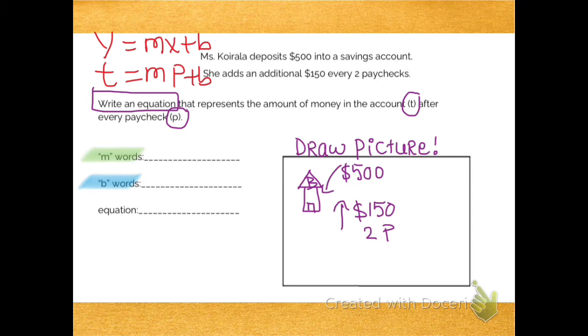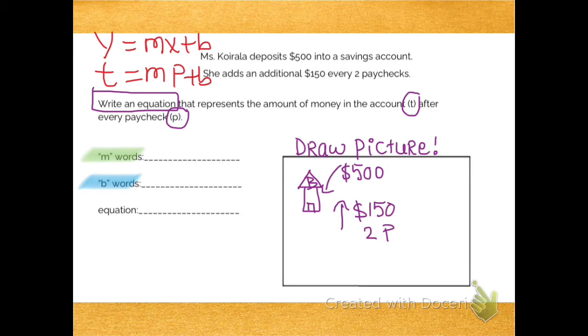So we are at this situation where we have $500 in the beginning, and then I'm adding $150 every 2 paychecks, okay? So now we have a picture right here to refer back to whenever we need to, okay?